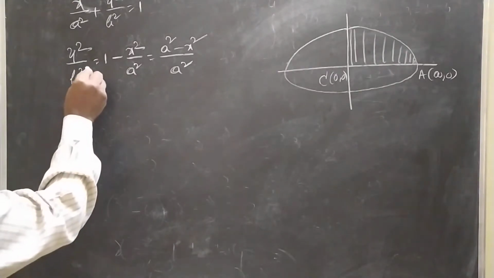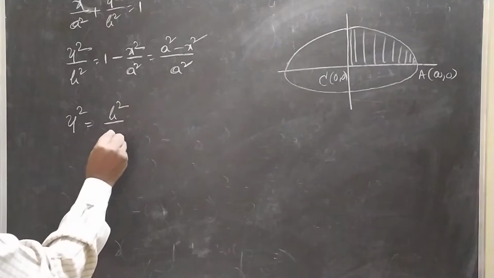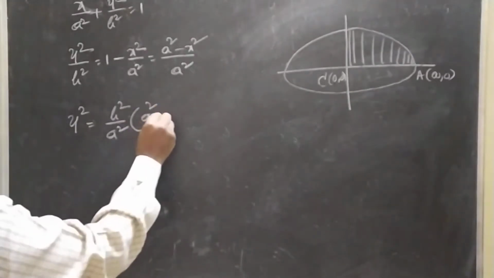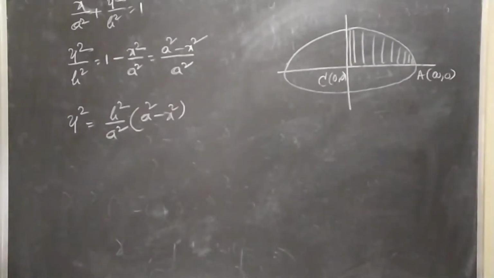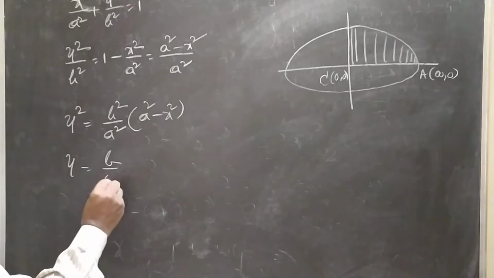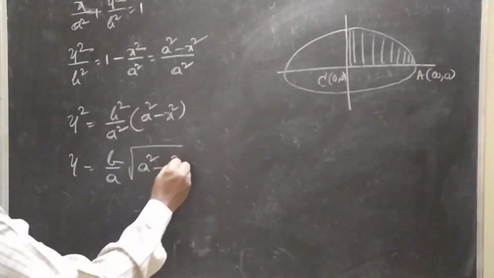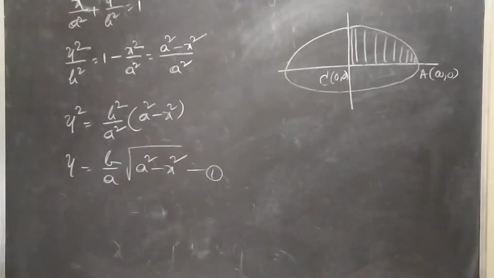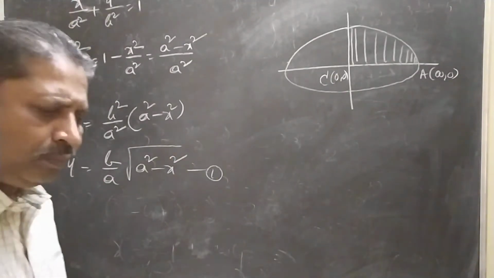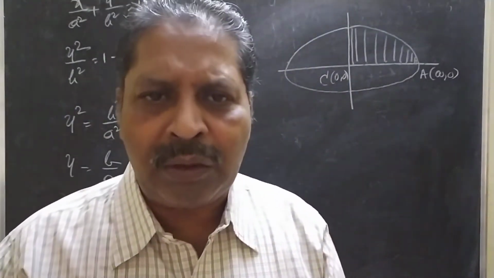Next, multiply with b square, y square equal to b square by a square into a square minus x square. So y value is b by a into under root a square minus x square. So we write the ellipse equation in y equal to something form.